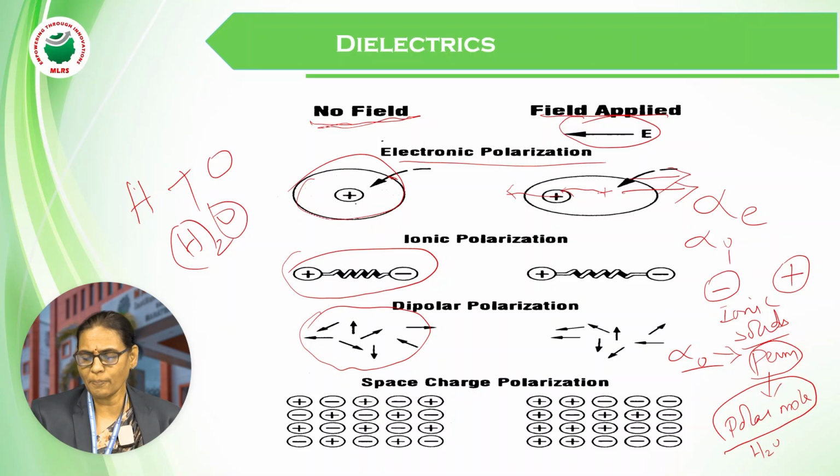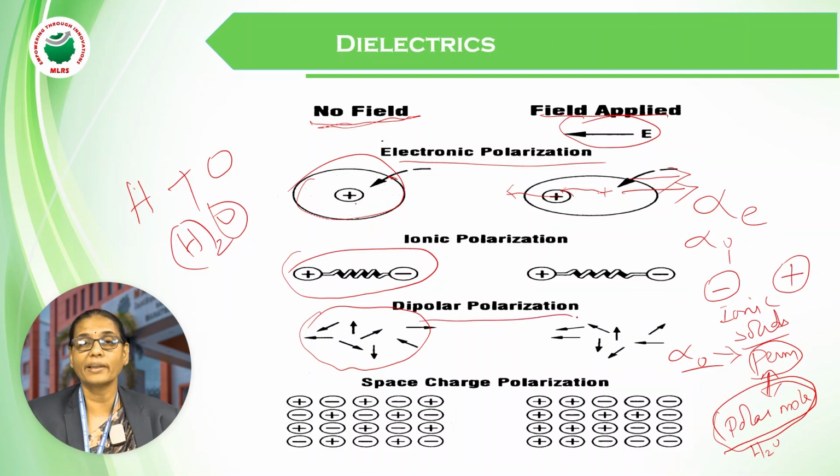No. Such molecules are called polar molecules, and in polar molecules permanent dipoles are formed. That means once the electrons or charge carriers orient, you cannot disturb the orientation. That type of polarization is called dipolar polarization.